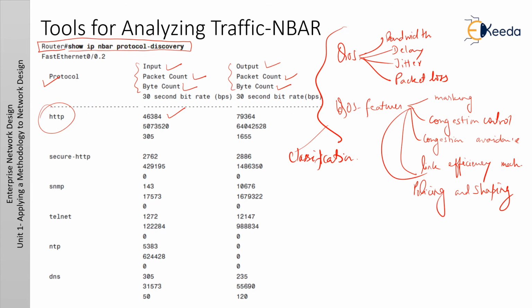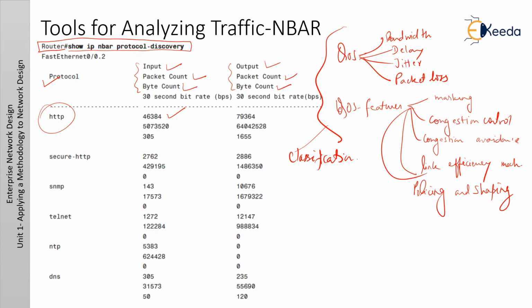transiting an interface. The protocol discovery feature discovers any protocol traffic supported by NBAR and can be used to monitor both input and output traffic. The command displays statistics for all interfaces on which the protocol discovery feature is currently enabled.